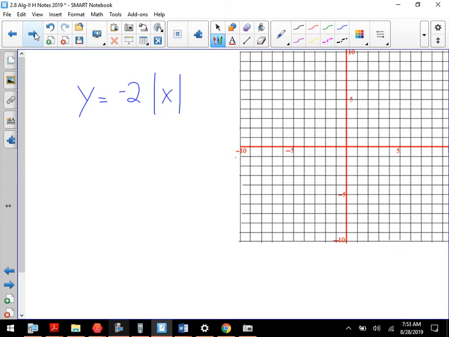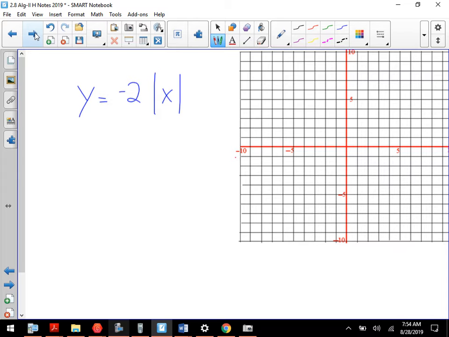In this case here, this says y equals -2 times the absolute value of x. Okay? Now, when you have absolute value and something out in front of it, you always treat the absolute value like you would parentheses. That means your order of operations go with what's inside those absolute value bars first, prior to your multiplication. Does that make sense?